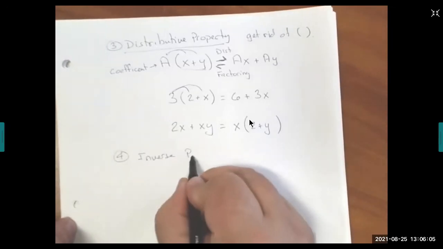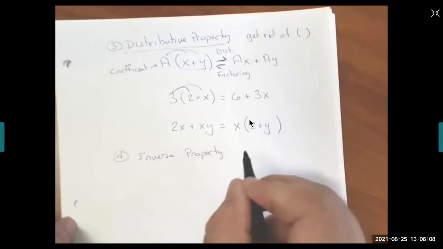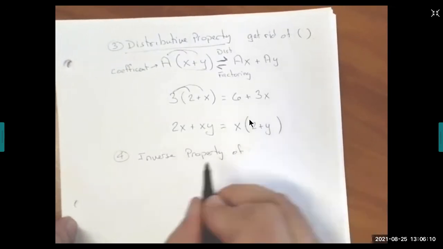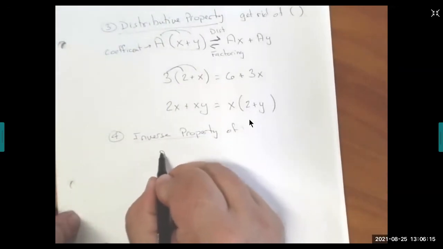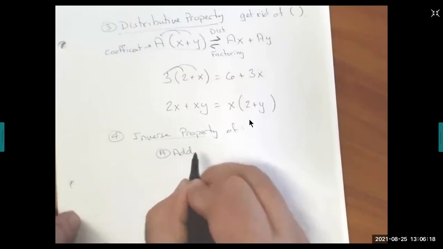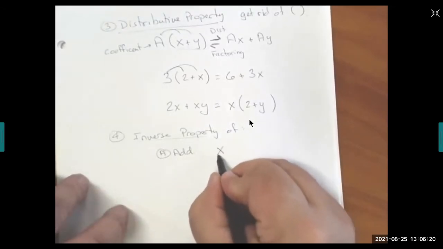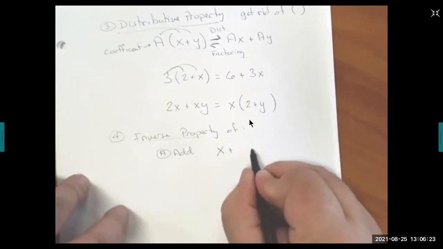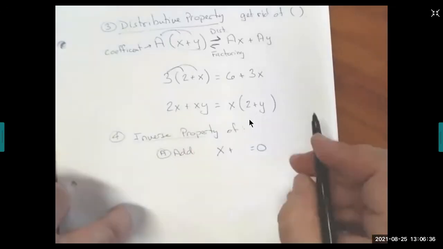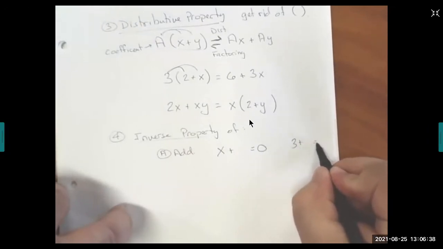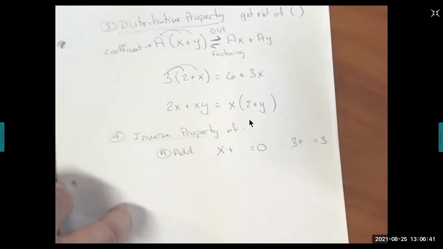The inverse property of addition. So what plus x will give you 0? No. 3 plus what equals 3? 0.